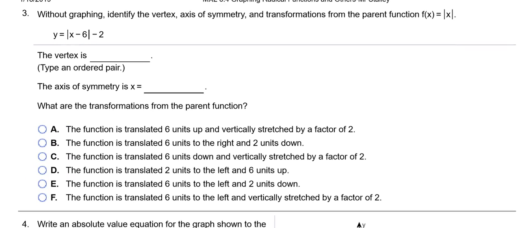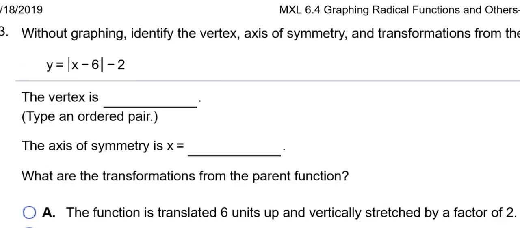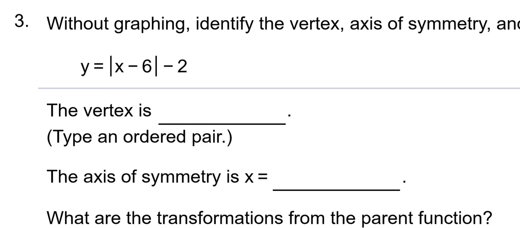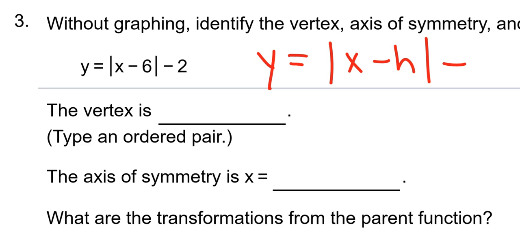Without graphing, identify the vertex and axis of symmetry. Okay, so let me see if I can help you understand this: y equals a absolute value of x minus h, plus k.